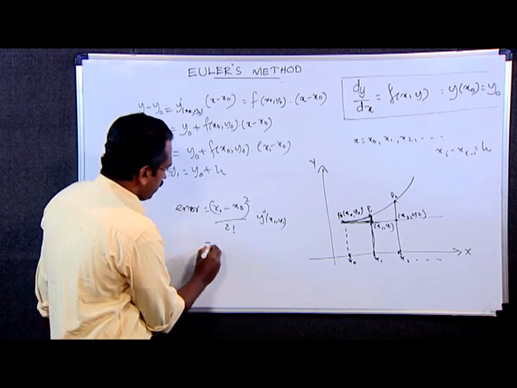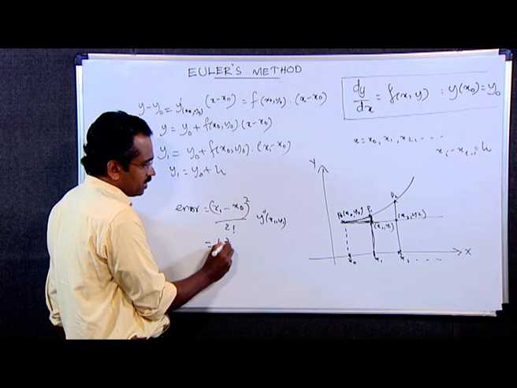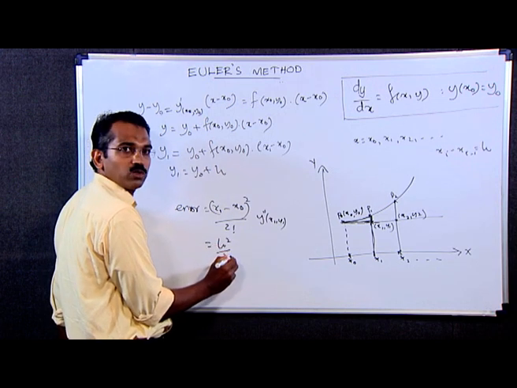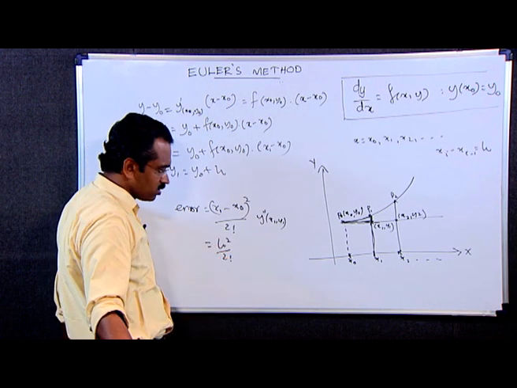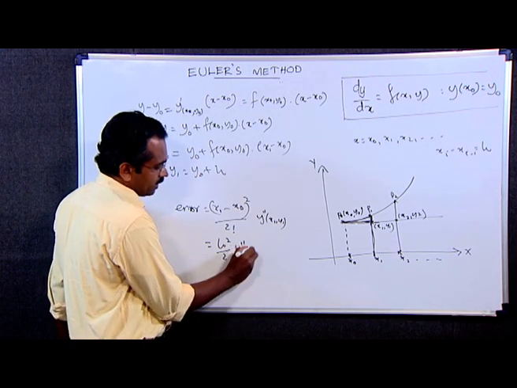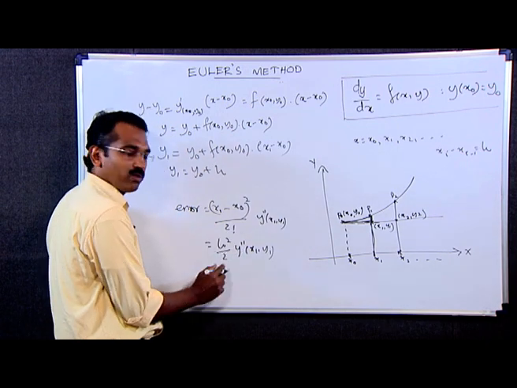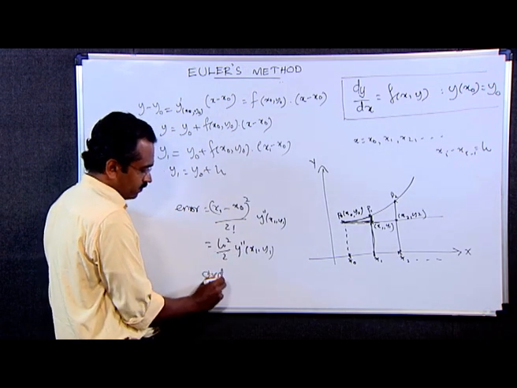Here x 1 minus x naught the whole square means h square divided by 2 factorial into y double dash at x 1 y 1. Therefore, the error is of order h square.